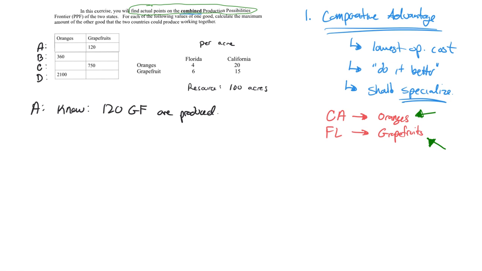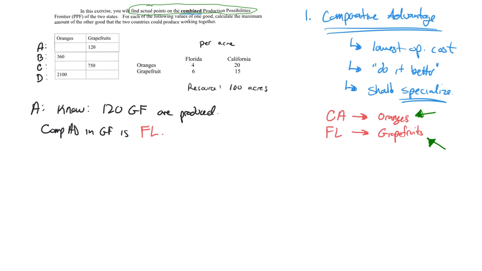So what we need to first say is comparative advantage in grapefruit is, and we know this answer, Florida. That's the first step. Whatever's being produced, you find who has the comparative advantage in that.